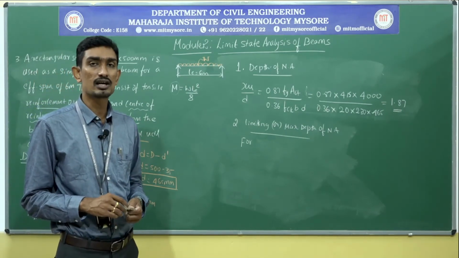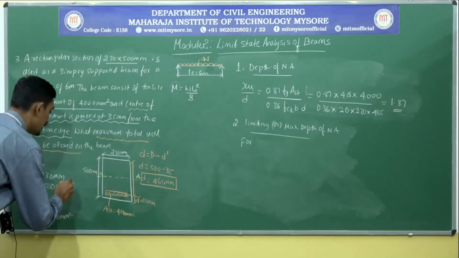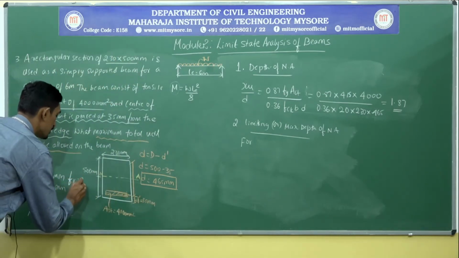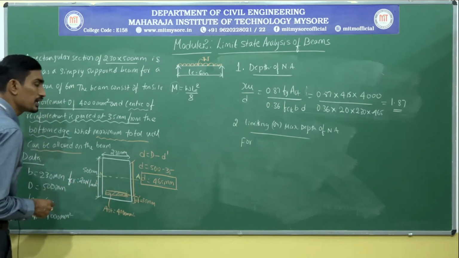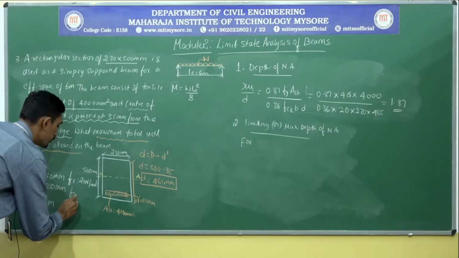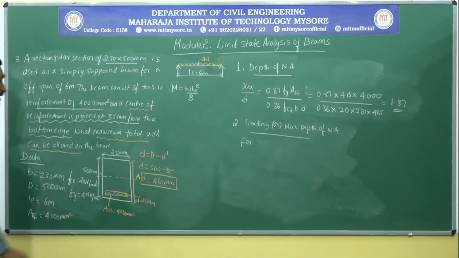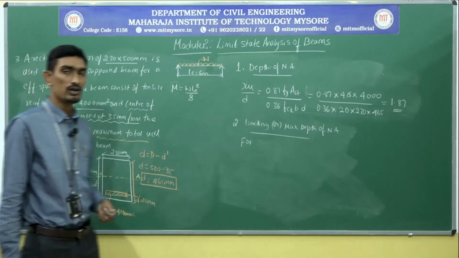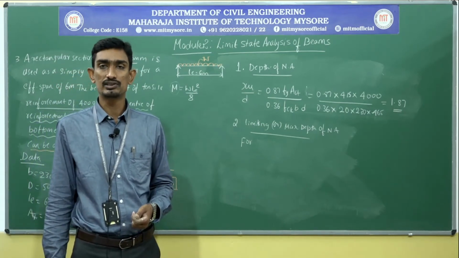In this particular circumstance, you can consider fck as 20 Newton per millimeter square. That is the minimum grade we can use for RC structure, and fy as 415 steel. So when the data has not been given, use M20 grade concrete and Fe 415 steel.